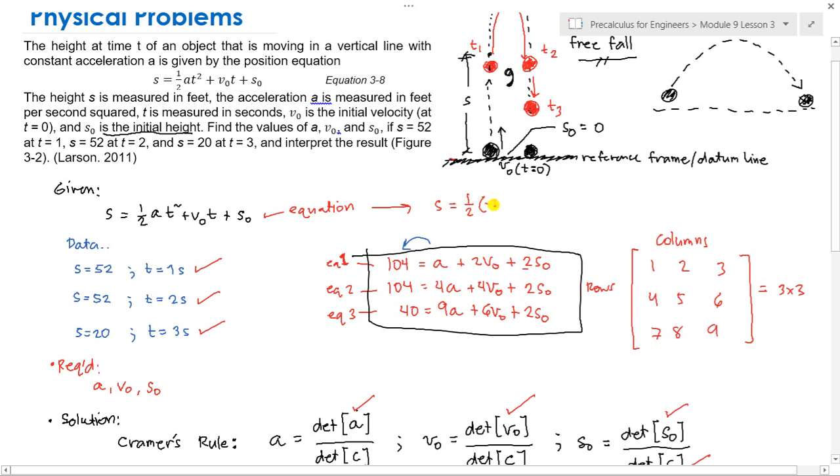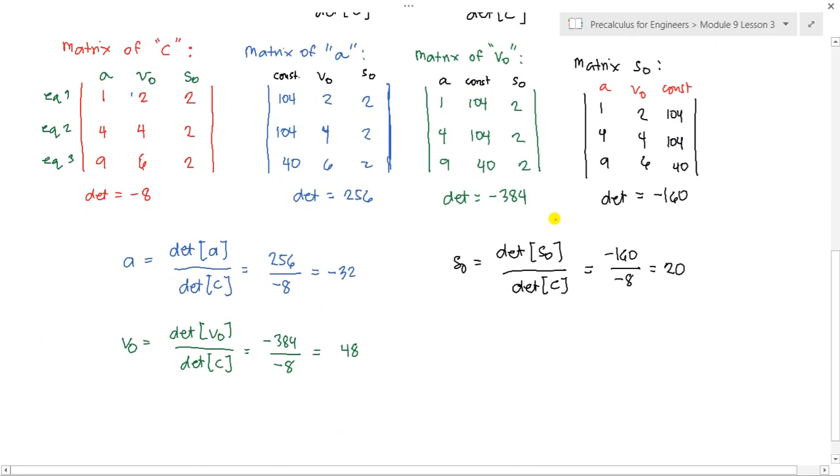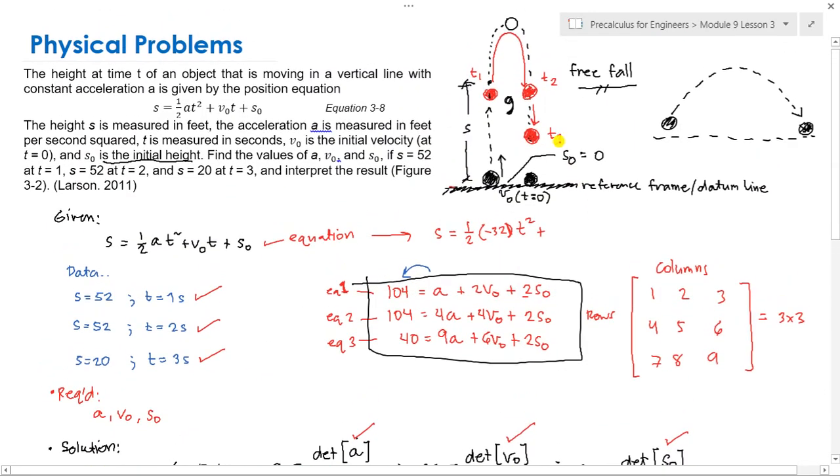Our A is negative 32 multiplied by t squared plus our initial velocity, 48t, plus the initial height is 20.